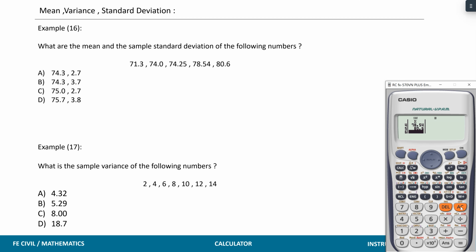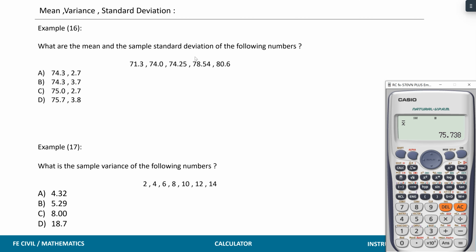Then we press AC, and then go to shift stat, and press VAR, which is number 4, and we're going to calculate the mean. Shift stat, variance, the mean is number 2. I'm going to press 2, then press equal: 75.7.